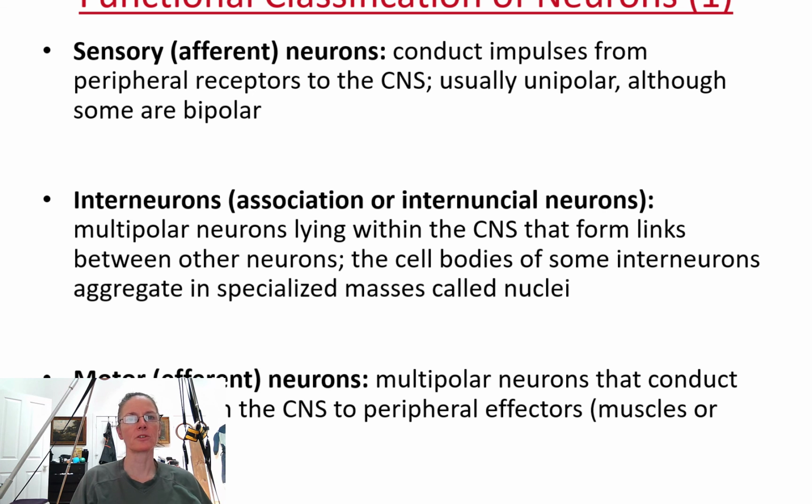I should have said a motor efferent neuron, not a motor effector. The motor neuron is what will stimulate the effector. And this will conduct an impulse from the central nervous system via the peripheral nervous system to an effector that could be muscles, glands, adipose tissue, and the like.